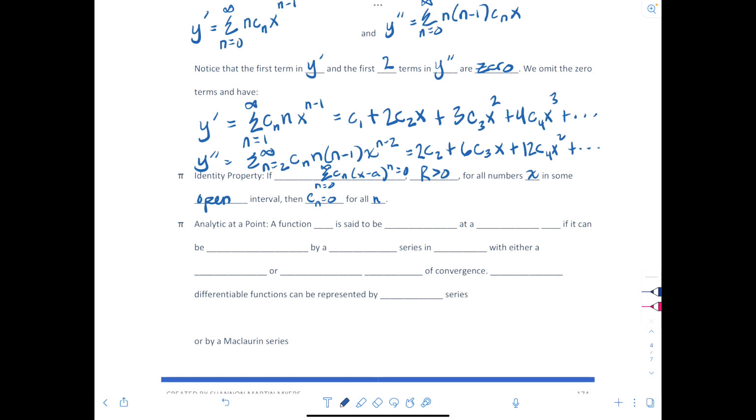Now, again, another fact we'll use. Analytic at a point. A function f is said to be analytic at a point a if it can be represented by a power series in x minus a with either a positive or infinite radius of convergence.